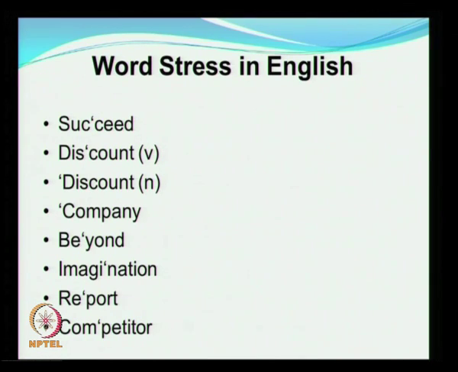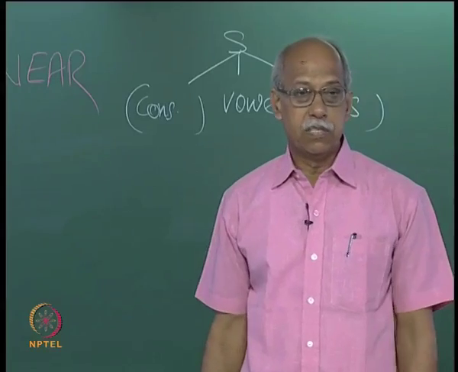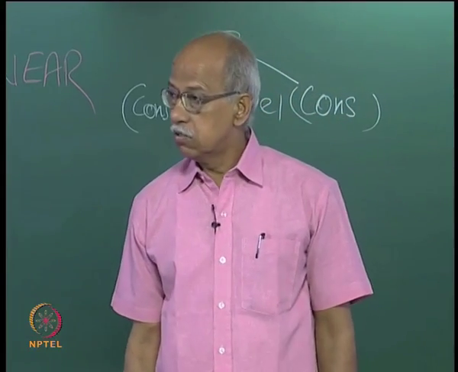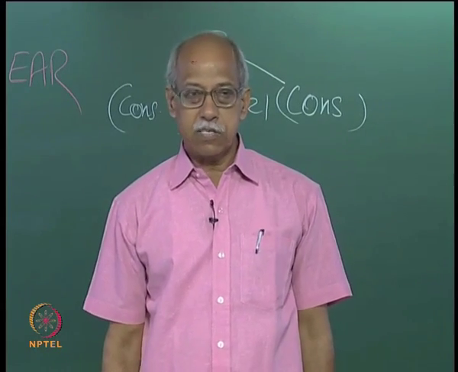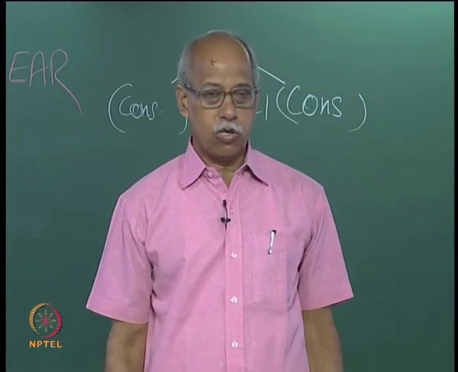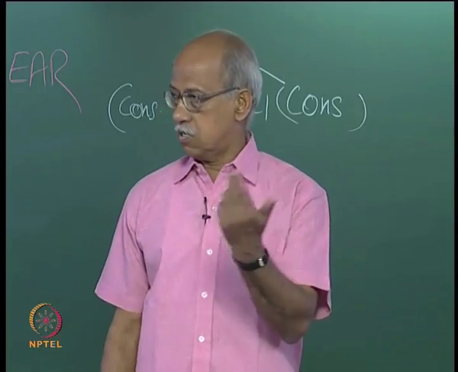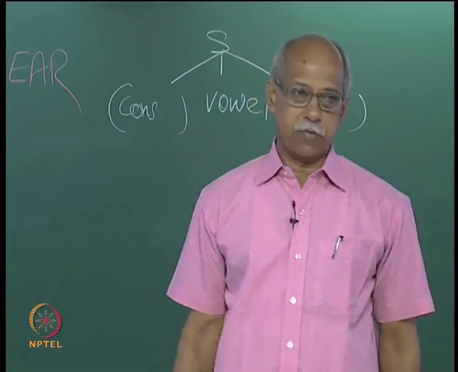Next? Discount. See, discount can have two kinds of stresses. It can be discount, or it can be discount. There can be a discount store, or the store discounts some parts of its sales.